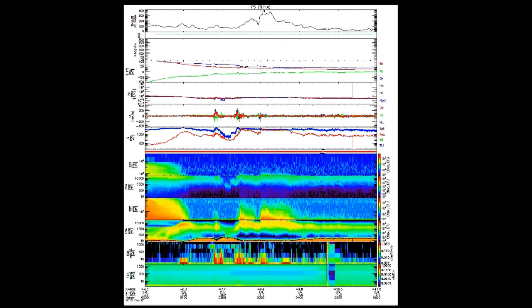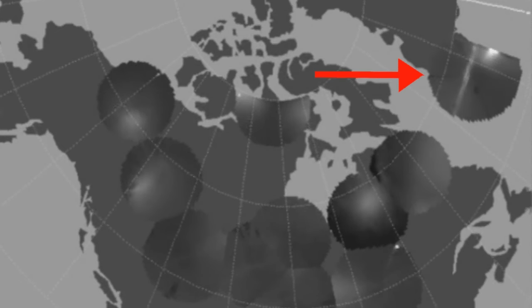During this event, BY reconnection allowed an inflow of plasma into the ionosphere, which caused a small outburst of aurora. Because the connection took place in a different orientation, the geomagnetic field was disturbed locally. This is probably the best explanation for the weird aurora recorded over Greenland at the same time.